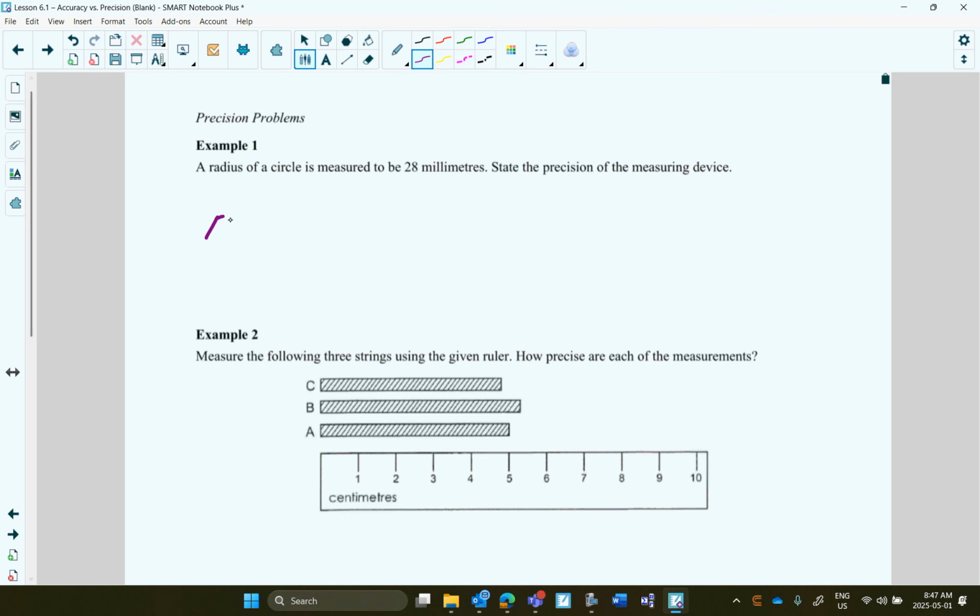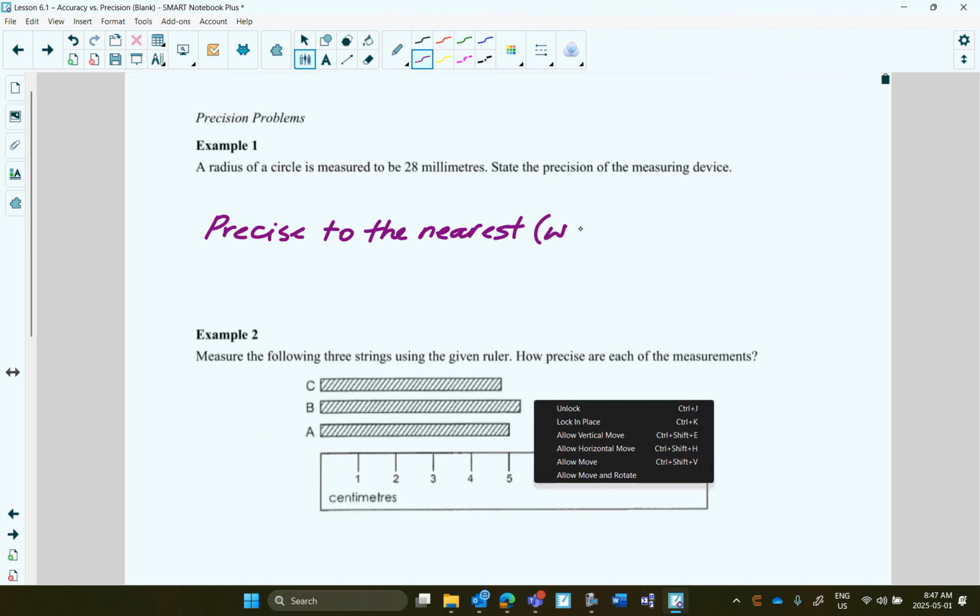So we would say precise to the nearest millimeter. You don't need the word whole; I'll just put it in parentheses.